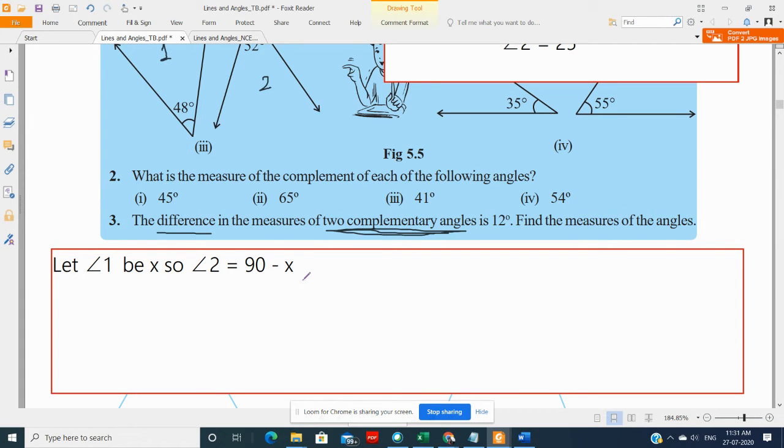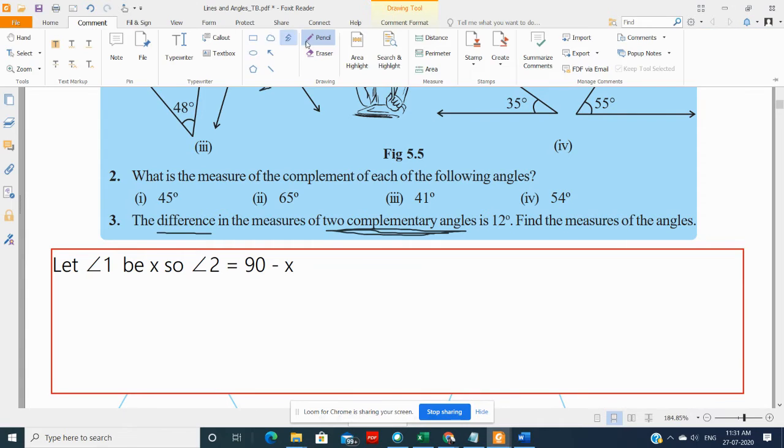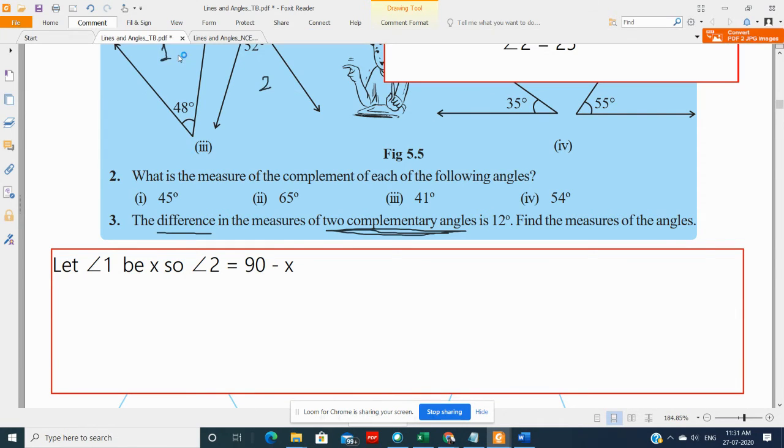Now, the difference in the measure of the two complementary angles. We now know that angle 1 is equal to x and angle 2 is 90 minus x.